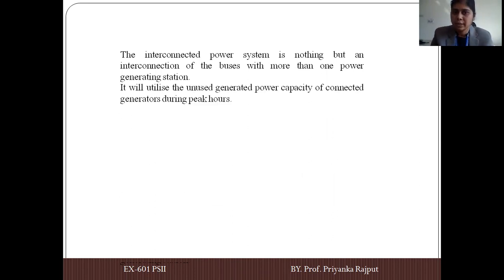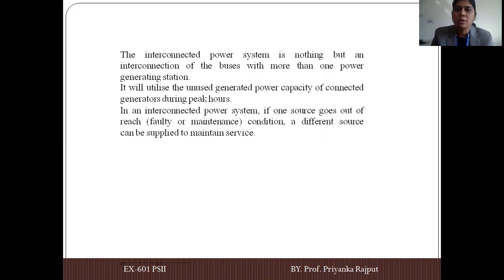It will utilize the unused generated power capacity of connected generators during the peak hours. In an interconnected power system, if one source goes out in a fault or faulty condition, a different source can supply power to maintain the service.